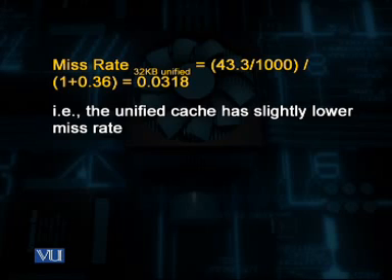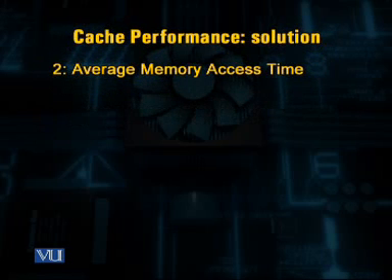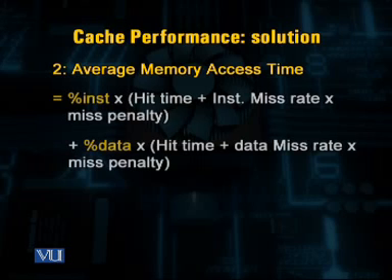Now let us find out the average memory access time. The average memory access time is equal to the sum of access time for the instruction memory and the memory access time for the data memory.